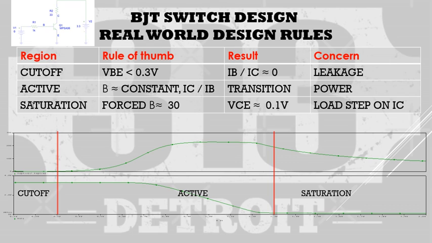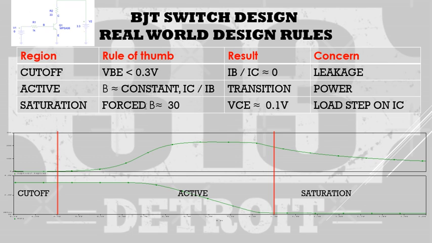The next region, saturation. If we guarantee a forced beta, collector current divided by base current, of around 30, we're going to drive the VCE down below 0.1 volts, and we're going to get this switch really to conduct current like we want it to. That's the saturation region.